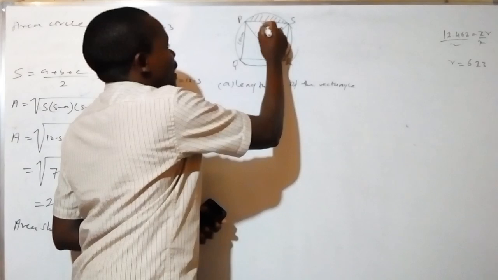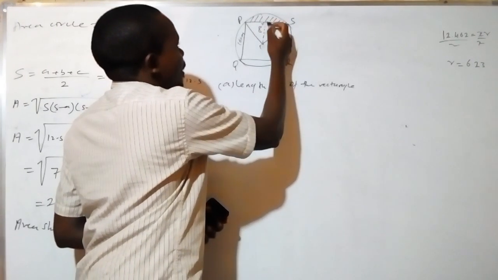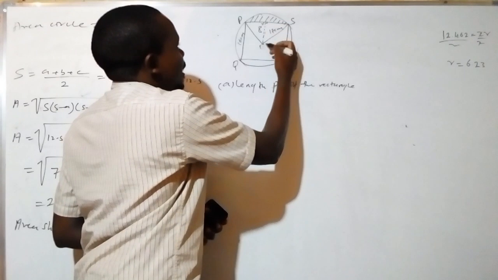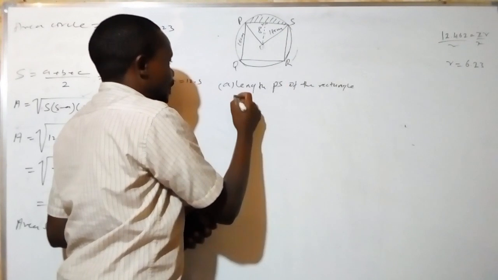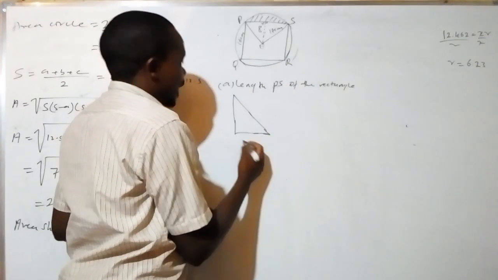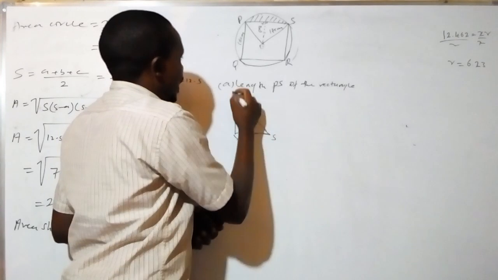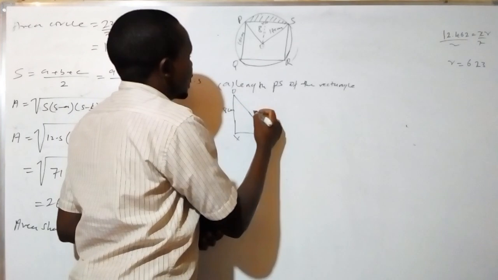We have OX, this angle is 90 degrees. OX is 8. OS is 17. We can extrapolate so that you can see it correctly. This is our O, 8 centimeters, and this is the slanting height of 17 centimeters.